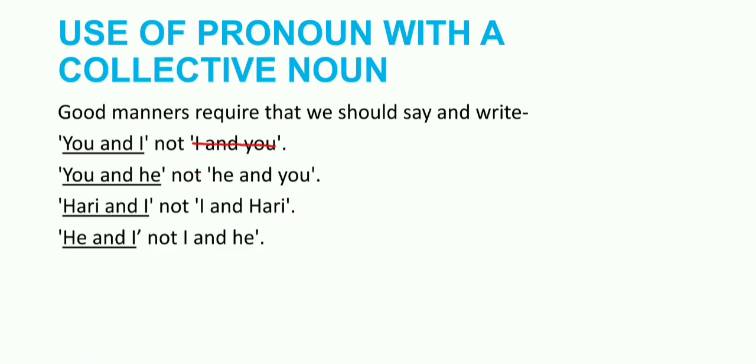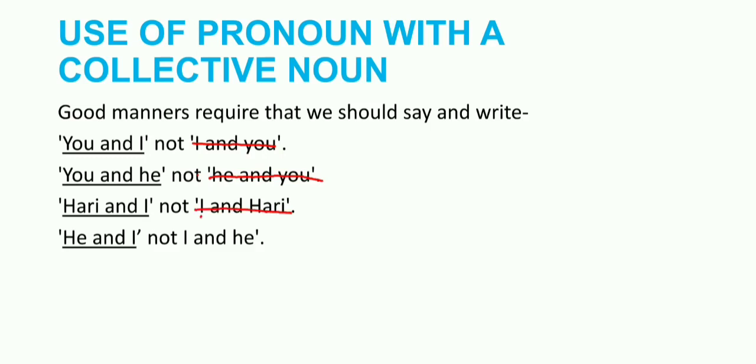Same is the case in the second sentence: you and he is recommended, not he and you, which is incorrect. Okay, and Harry and I: the third person pronoun will come first and the first person last, not I and Harry. I and Harry is incorrect.